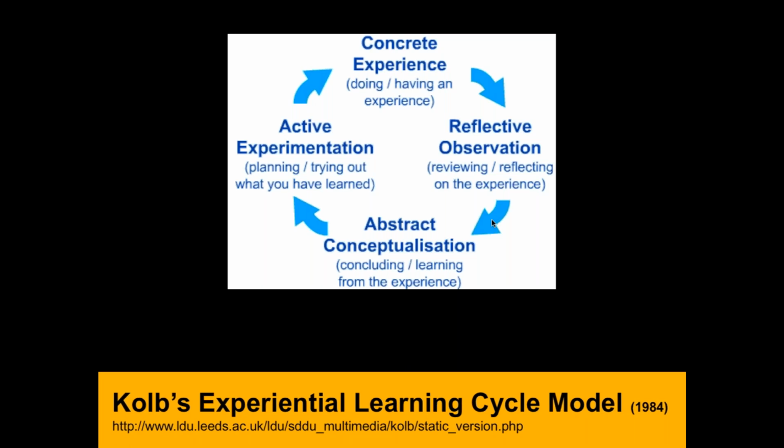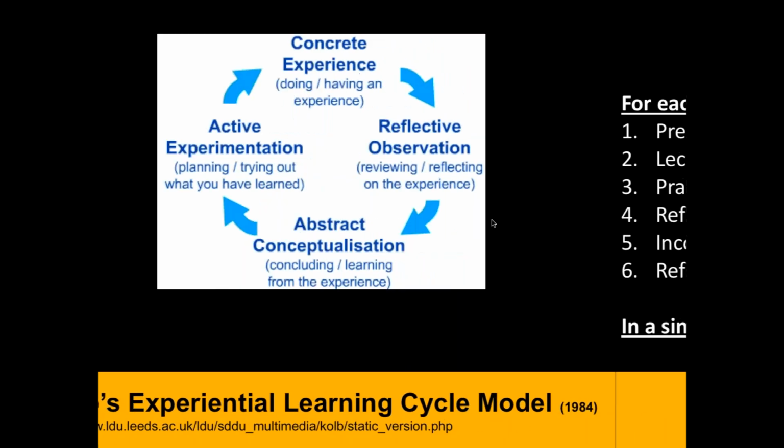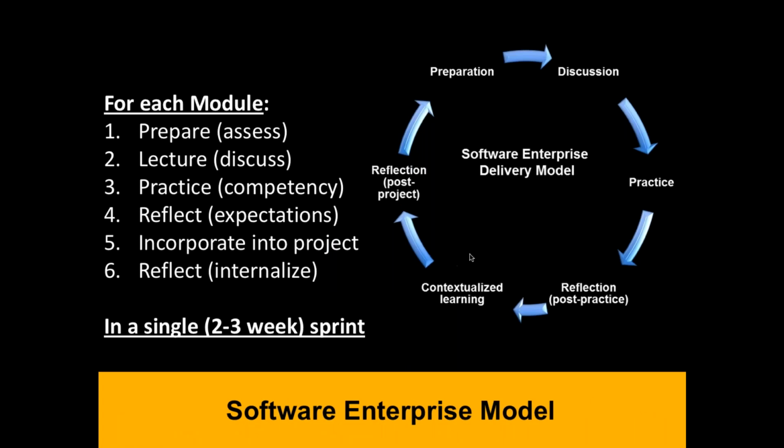So basically, we use this experiential Kolb's learning cycle model, and we use what's called the software enterprise model that one of our faculty members at ASU came up with. In here, for each module that needs to be taught in the class, the idea is you start with preparation.